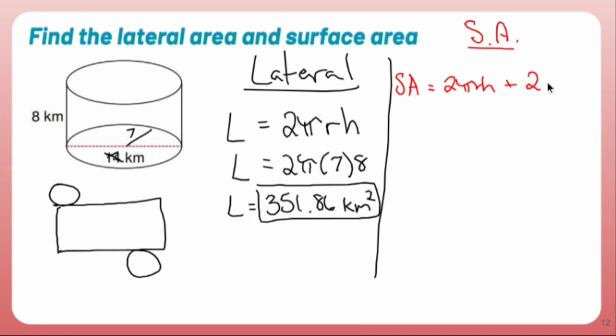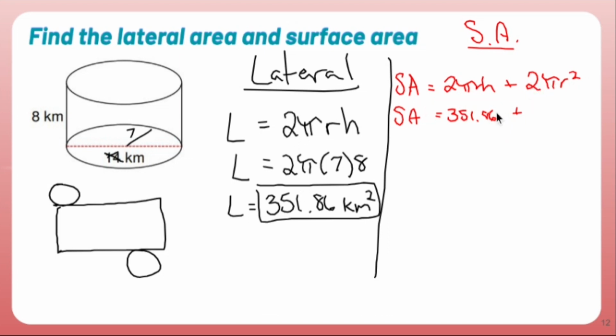So 2 pi r squared. That shouldn't be too crazy to look at. That shouldn't be too wacky to understand. I know part of this already. I know that 2 pi r h is 351.86.